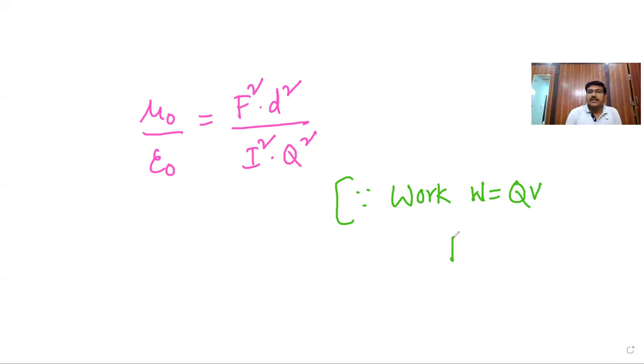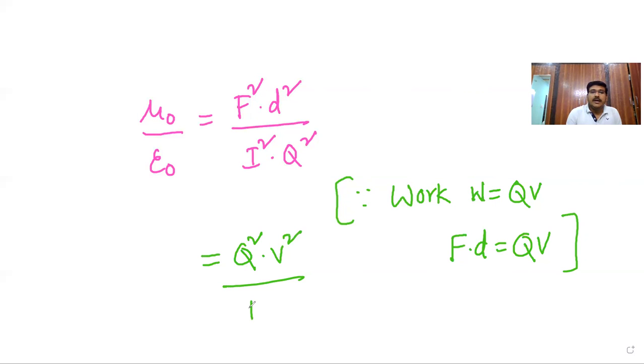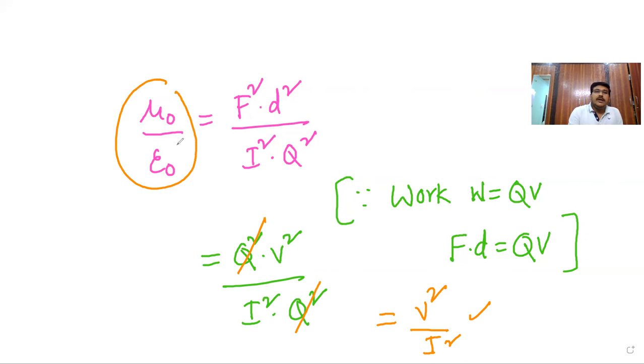Now, what is work? Work is force into displacement, that is force into D, which is equal to Q into V. If I replace here, the square of F into D is Q square into V square by I square into Q square. So here, observe Q square goes. Finally, it becomes V square by I square. That means mu naught by epsilon is V square by I square.